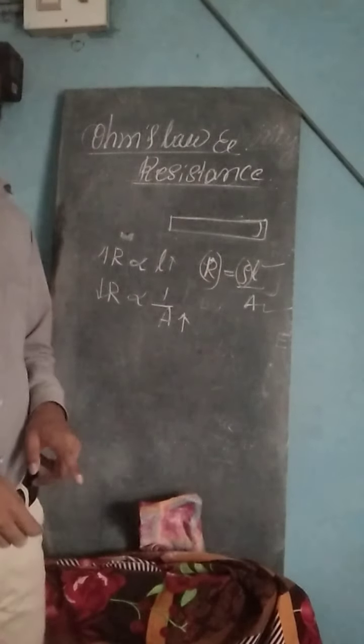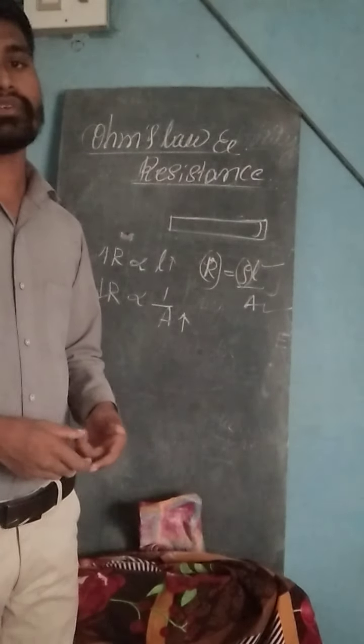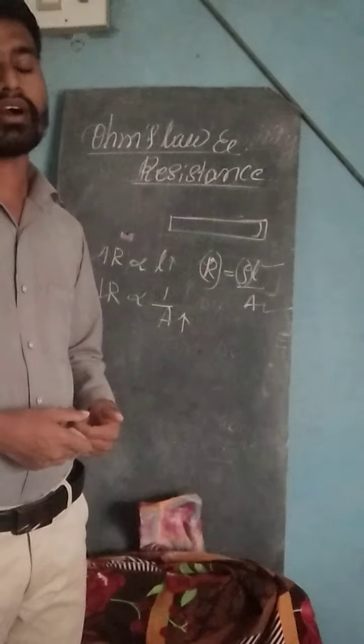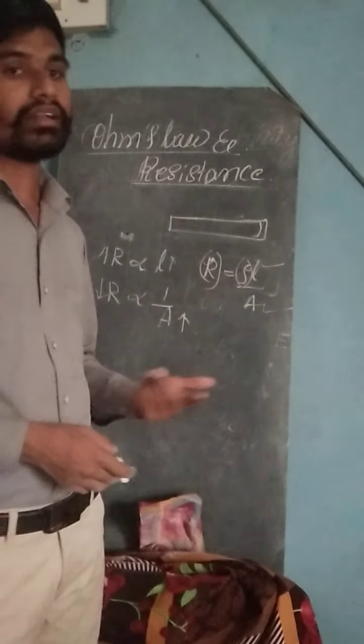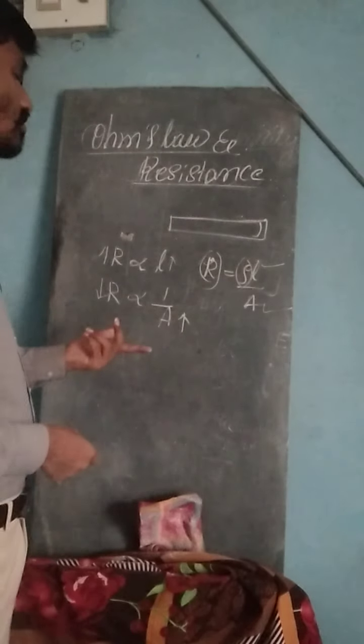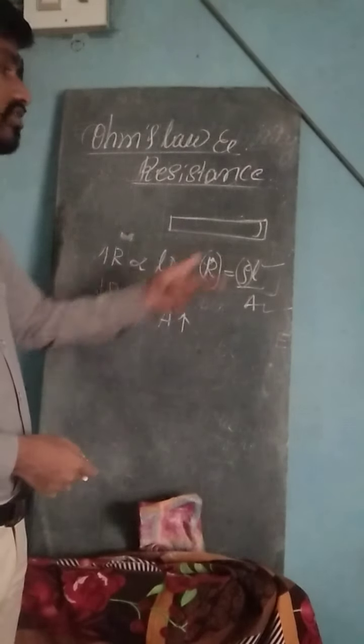So what is resistivity? Resistivity is nothing but the opposition offered by unit area of cross section and unit length, or resistance per unit length is called resistivity.